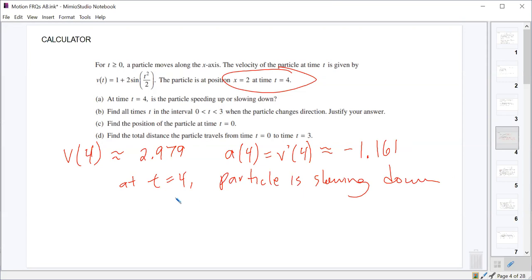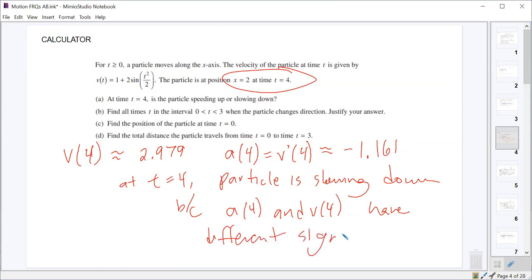Your reason would be because acceleration at 4 and velocity at 4 have different signs. Easy enough? Everyone go with that? Wonderful.